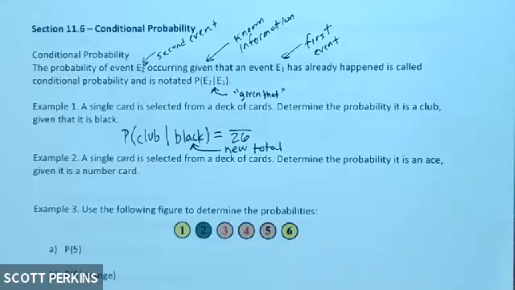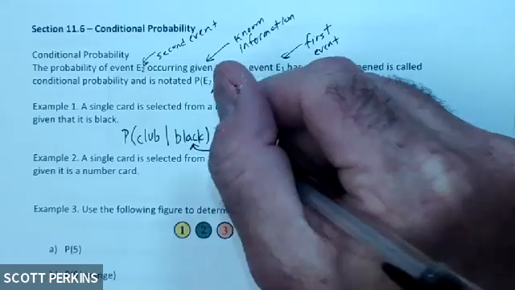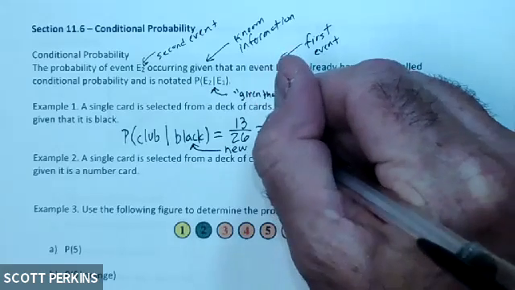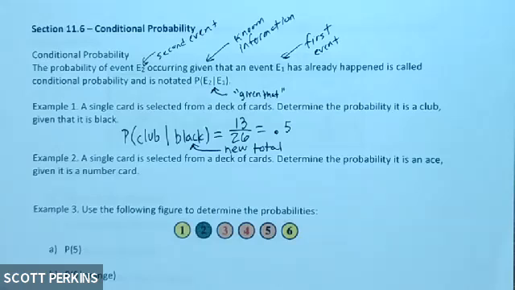Out of those 26 black cards, so I'm only considering those ones, how many of them are clubs? 13. And when you pop that in your calculator, 13 divided by 26 becomes 0.5. In normal probability, the probability of a club is 13 out of 52, 0.25. So you can see if you have some given information, your probability changes, it goes up.